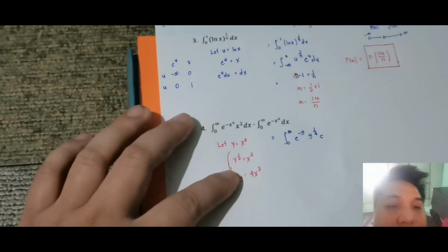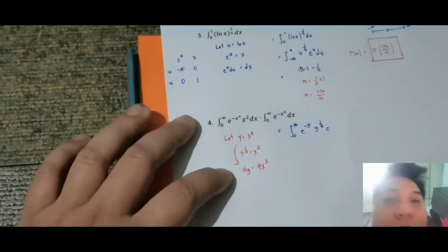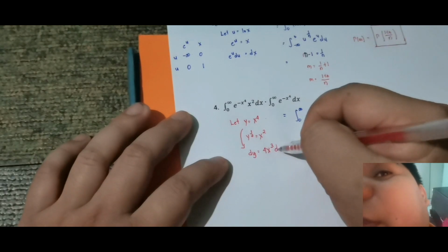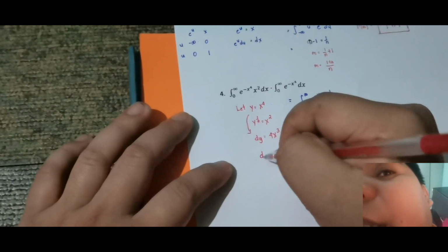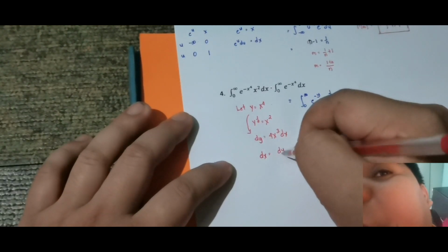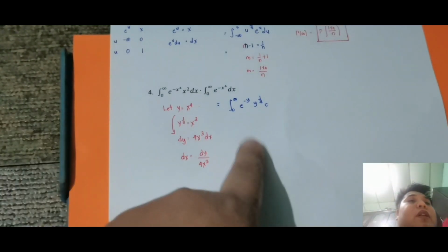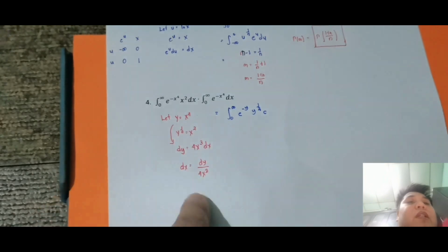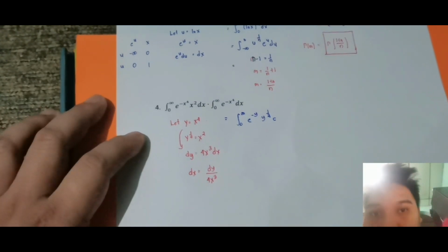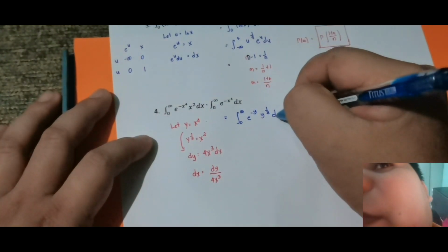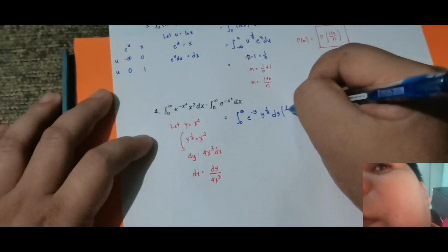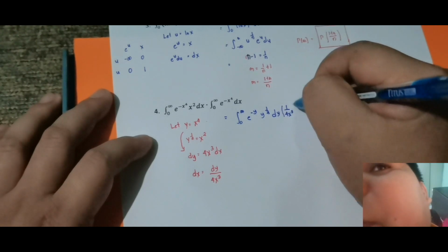Sorry, may dx para to rather. No, may dx to guys, no? So, dx, tapos ano yung dx? Dx is just equal sa dy over 4x cube. Okay, so, yung dx natin pagpalitan, that is dy over 4x cube. Yan ang mangyayari. This is just dy times 1 over 4x cube.